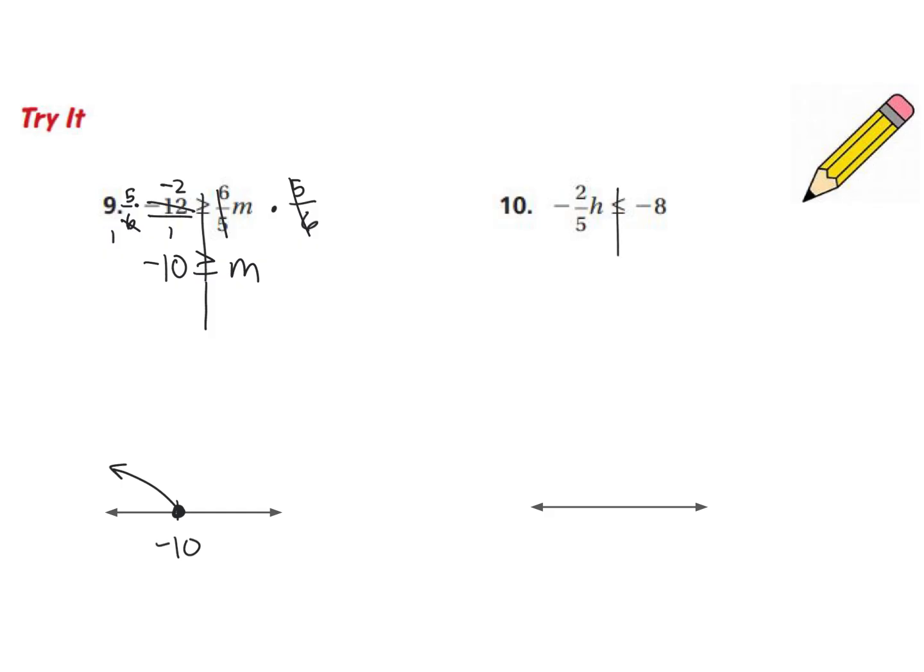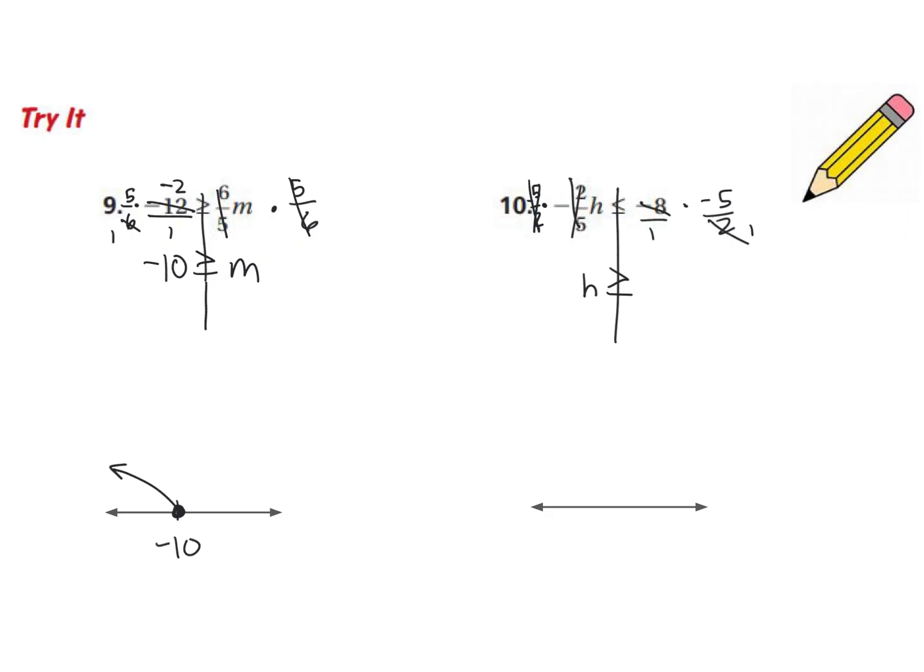For number 10, I can see that I have a negative 2/5 attached to h. I'm going to multiply this by negative 5 over 2. And this time my alarm bells are going off. I'm multiplying by a negative. I need to flip my sign. Those cancel. Those cancel. I'm left with h.